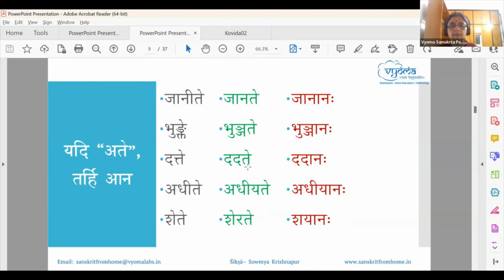Datte, dadate, and here it is dadanaha. Adhite, adhiyate, adhiyanaha. Here there is no nakara; it's not adhiyante. Shete, shayate, sherate: here also there is no nakara, so it is shayanaha. Based on this, you can decide whether you have to use mana or ana.